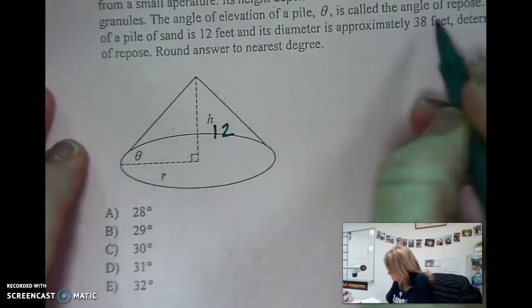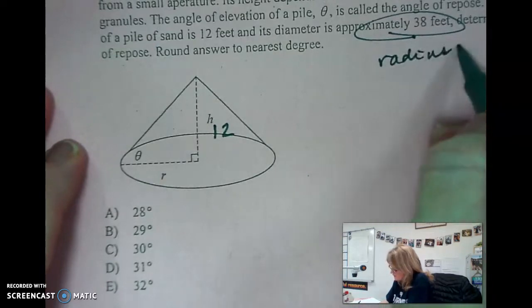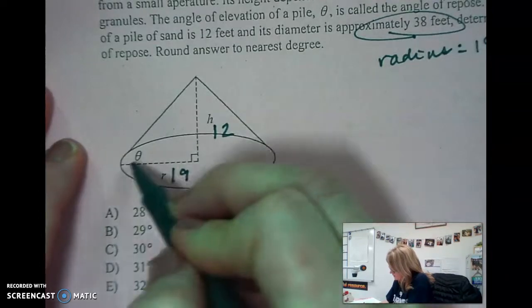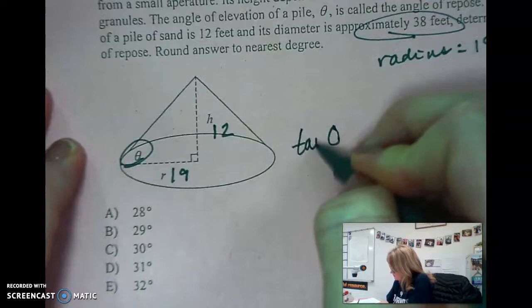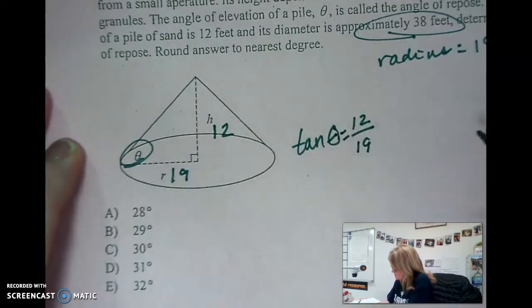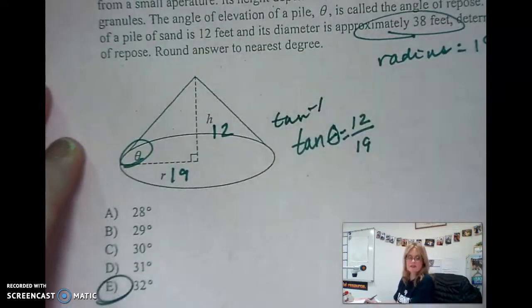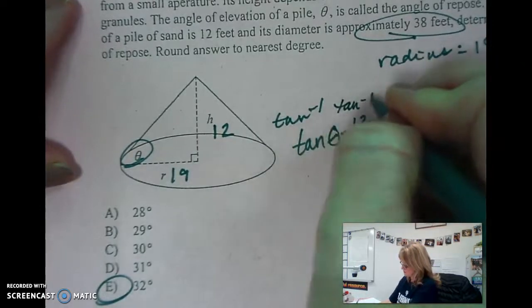The diameter is 38 feet, so that means the radius is cut in half, or 19. It says find theta, so again, tangent of theta equals opposite over adjacent, and we're using the inverse tangent. And when we plug that into our calculator, we get 32 degrees.